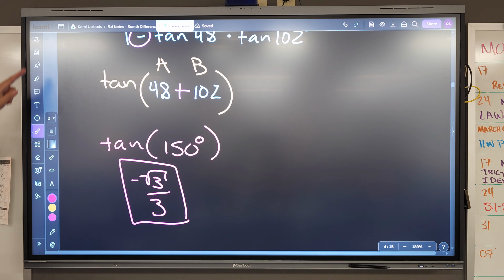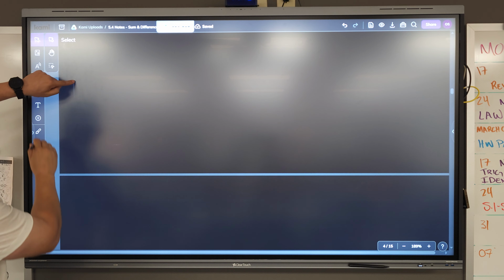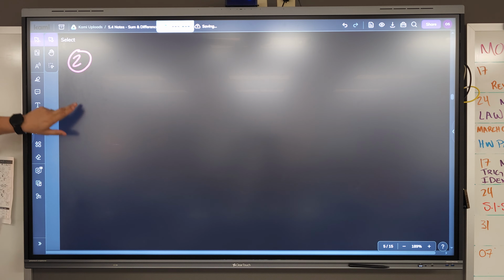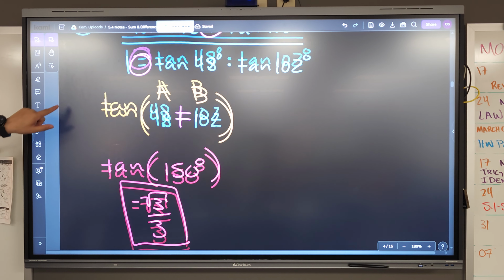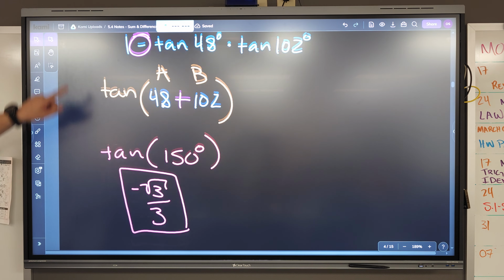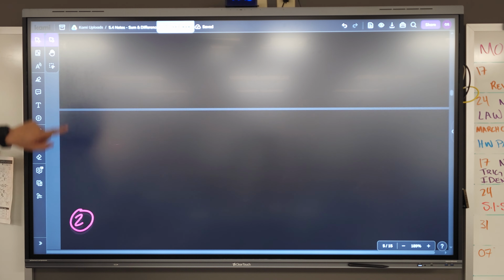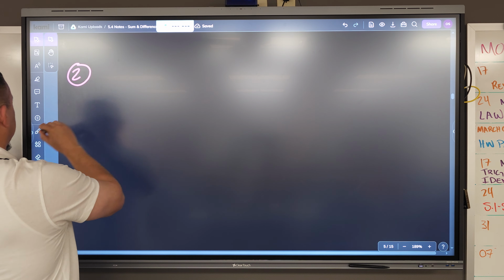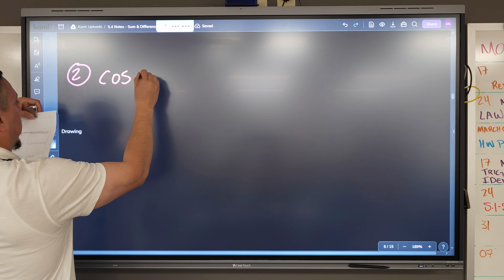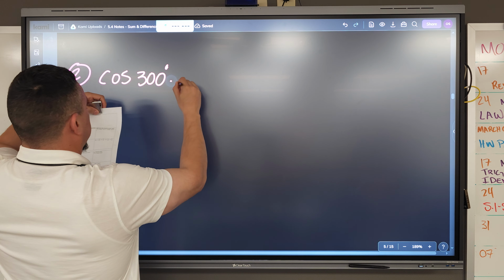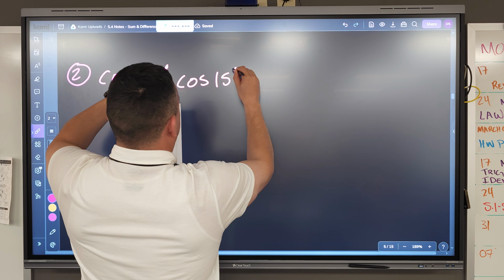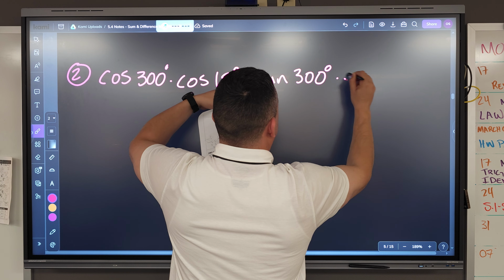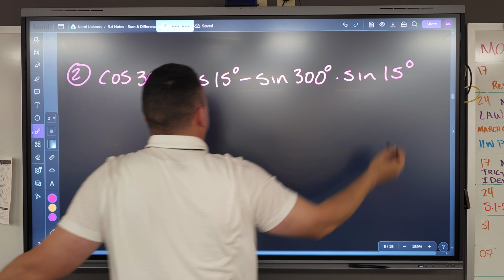Okay. Let's try one of those. Number 2. Notice it looked like a huge, giant, hard problem, but it wasn't. So don't go by the looks. Number 2: cosine 300 degrees times cosine 15 degrees minus sine 300 degrees times sine 15 degrees.